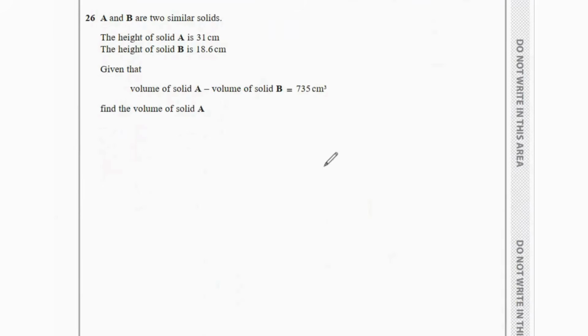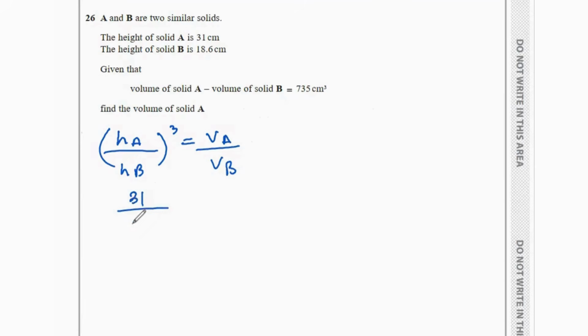Given that the volume of solid A minus volume of solid B is 735 centimeter cube, find the volume of solid A. So for this, we know that for volume, height of A divided by height of B, cubed, equals volume of A divided by volume of B. So height of A is 31, height of B is 18.6, whole cube equals volume of A over volume of B. Let's find the value of this first.